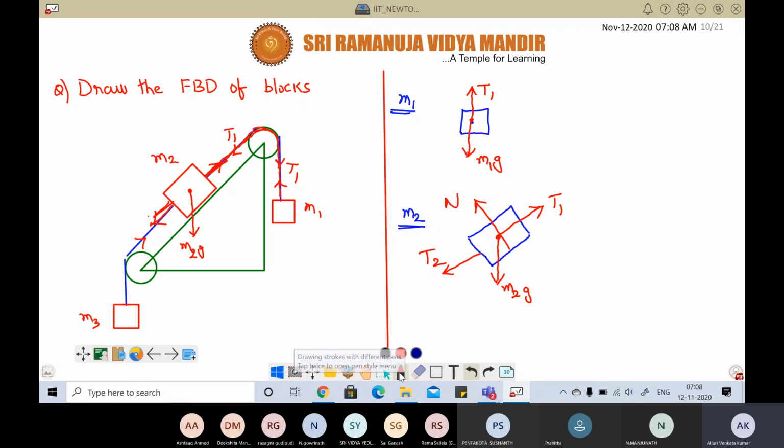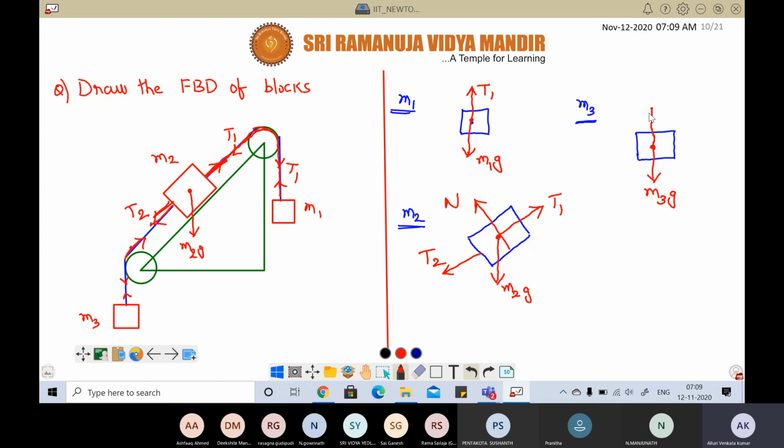And then the last one, the free body diagram of block M3. M3 has only two forces. Number one, the gravitational force, equal to M3g, and then the tensional force upward. This is the same string where we took T2, so here also it will be T2.